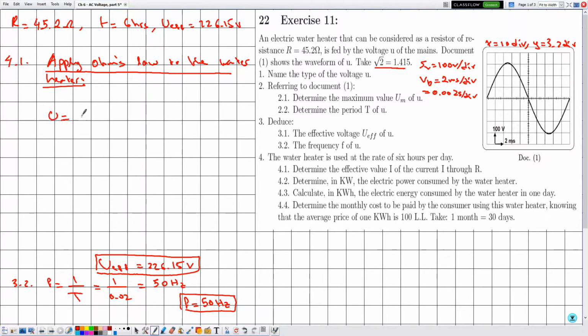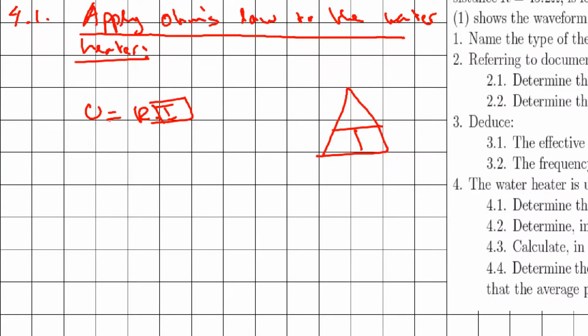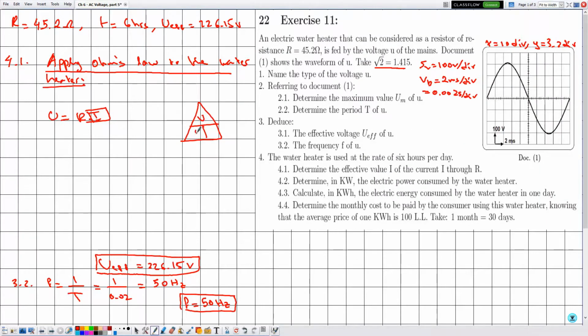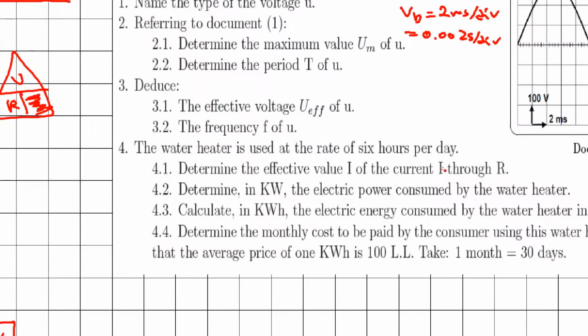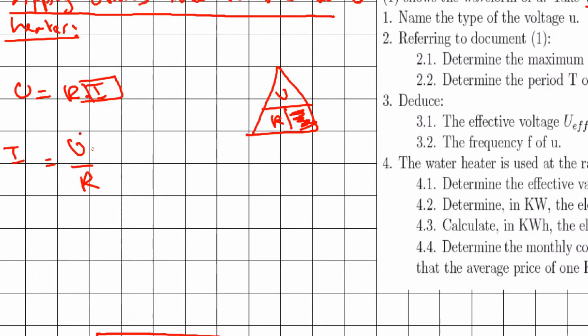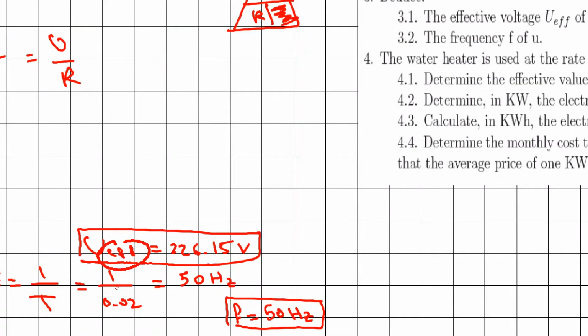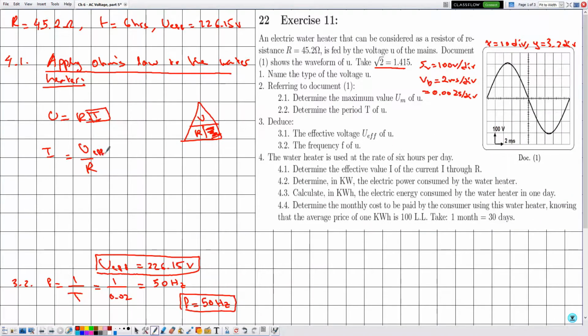U is equal to R multiplied by I, and we are interested in determining the value of I. Then constructing the triangle of this formula here, because we have multiply, U will be at the top, R and I at the bottom. We are interested in determining the value of I. Then the value of I is given by U divided by R. Here the effective current is labeled by I, whereas the effective voltage is labeled by U effective, which is equal to 226.15 divided by the value of R, which is given 45.2.